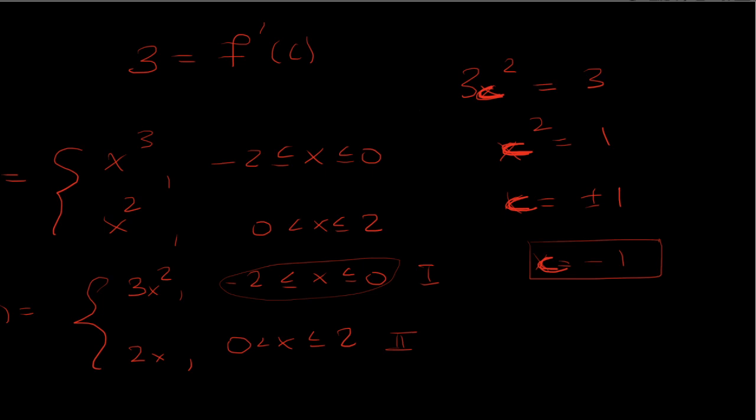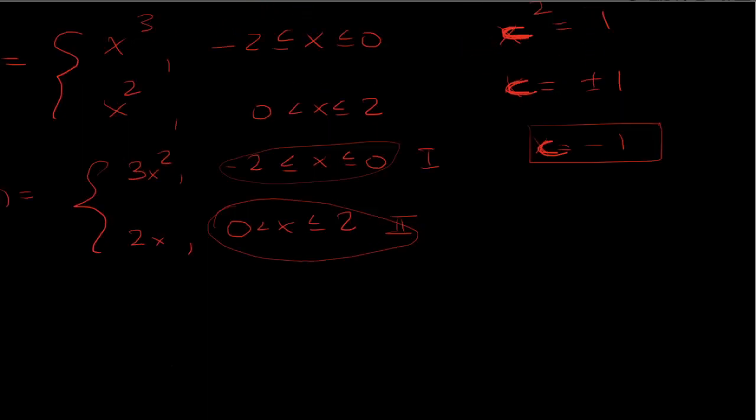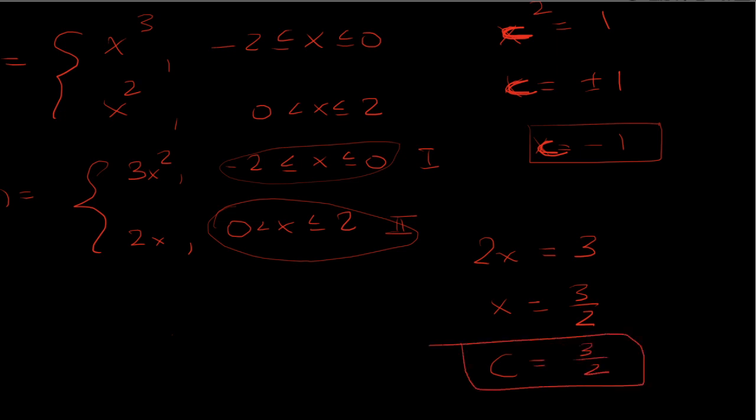Now in the second case, we're between 0 and 2. So we're setting the derivative in the second case equal to 3, and we get that x equals 3/2. And 3/2 is in that interval, so c is 3/2. So for this one, we get two answers: -1 and 3/2.